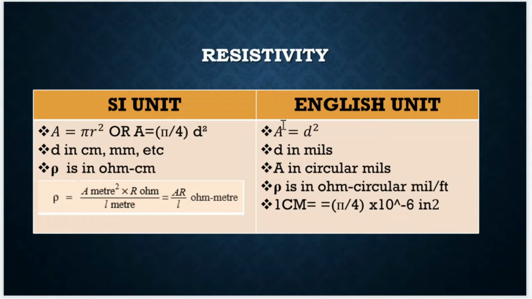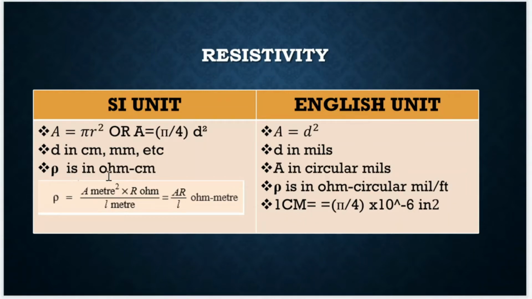In SI unit, the area is equal to the area of a circle, pi r squared, or A is equal to pi over 4 d squared if the diameter is given. If the radius is given, use the first formula. The diameter is in centimeter, millimeter, and so on.